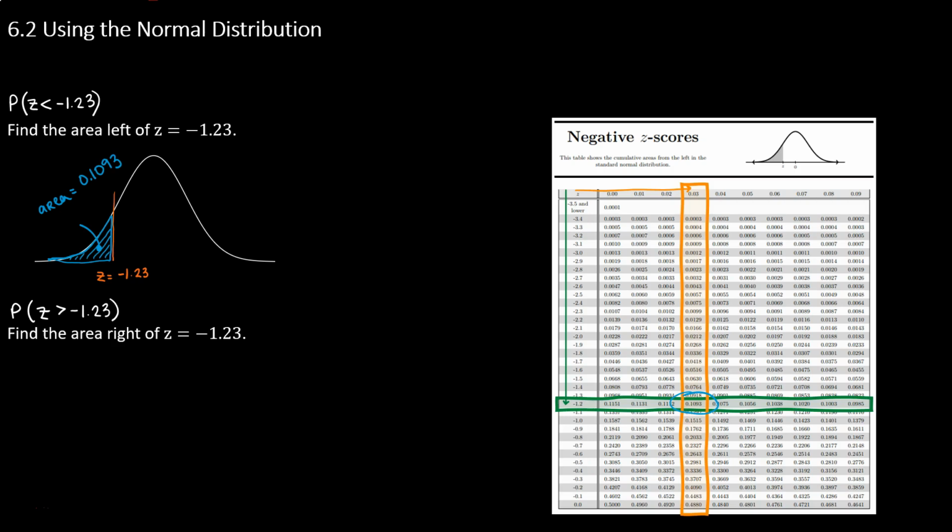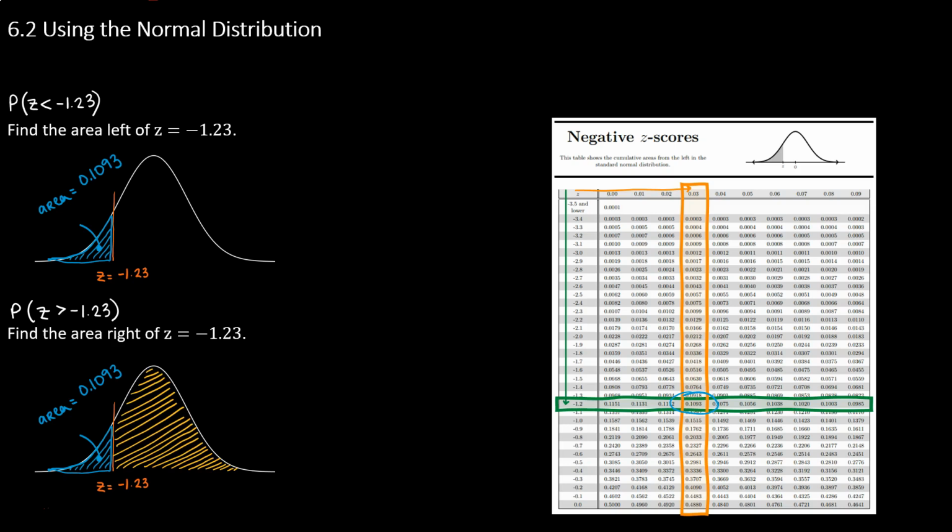To find a probability like z greater than negative 1.2, I'm not going to simply read the z-score and the area from the table. Instead, I have to do a little bit of deduction first. We know the left-sided area for that z-score, and if we looked at the table, that's exactly the area we would pull out. But we're looking for the right-sided area.